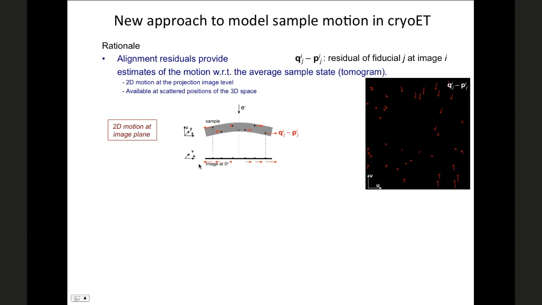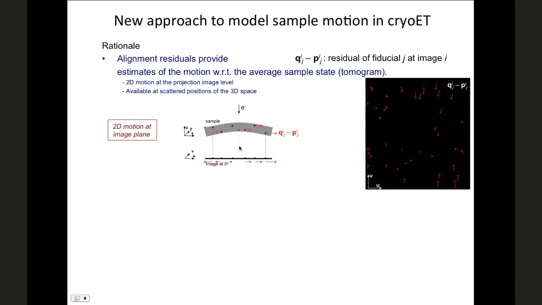In the acquisition of this image, if we put this residual on the proper fiducial, this part of the sample has moved this amount. In the acquisition of this image, this part, if we put this residual here on the proper fiducial, this part of the sample has moved this size.